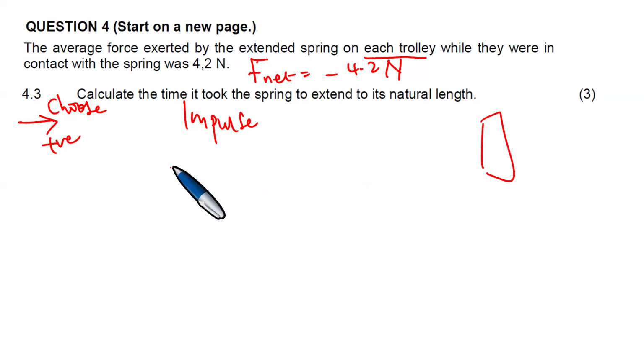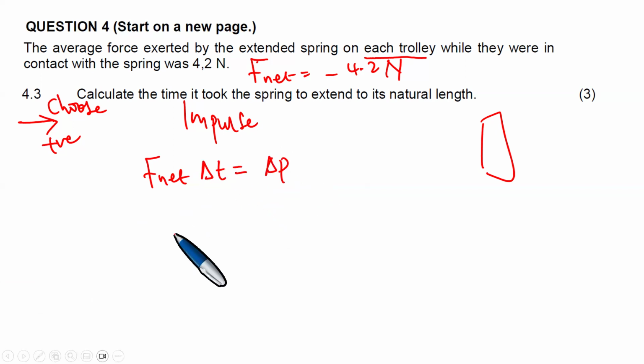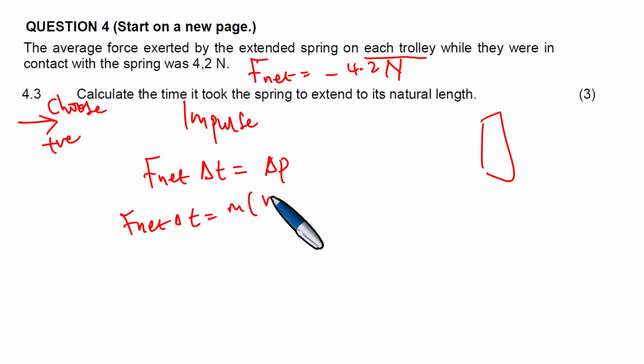So F net. When I use impulse, impulse says that F net delta T is change in momentum, which is M times V final minus V initial.